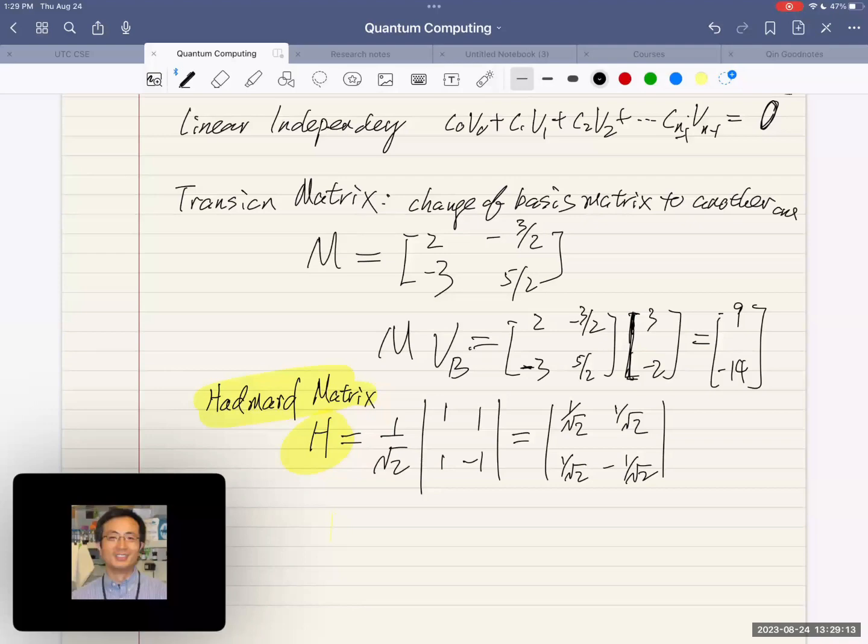Now, the question is Hadamard matrix times Hadamard matrix. What is that?